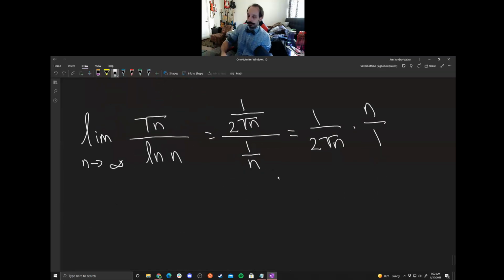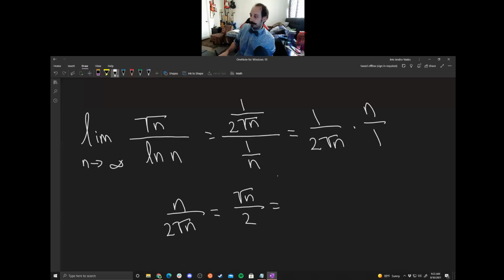Okay, well, we have to multiply by the reciprocal. So we end up getting n over 2 root n. This will factor out to be root n over 2. And this amount will diverge to infinity.